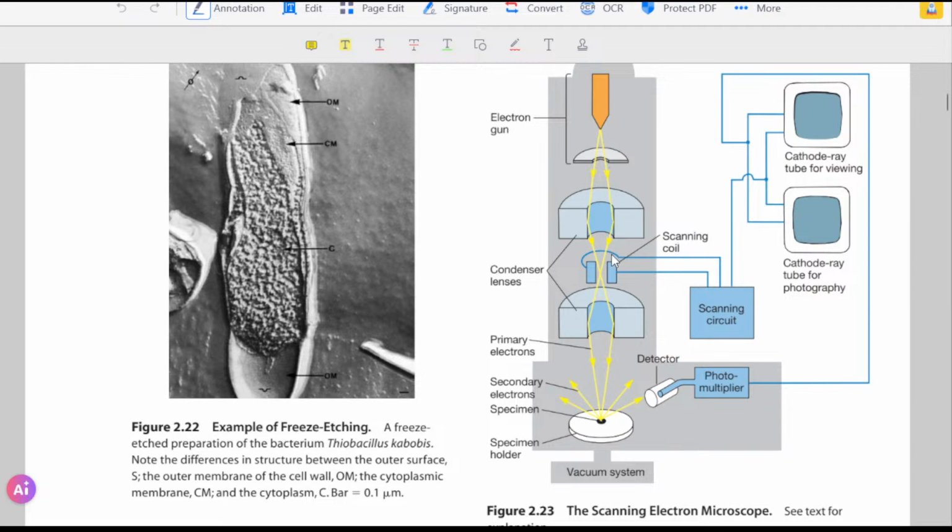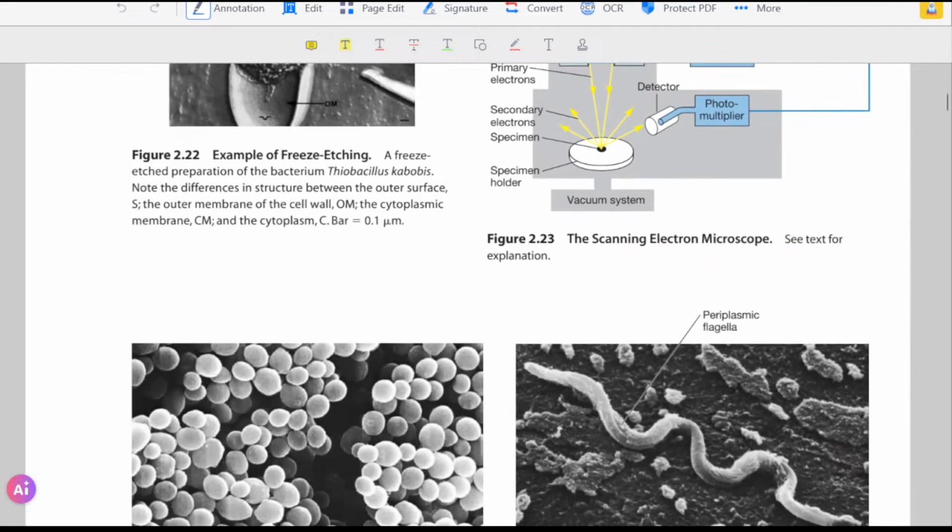This is a scanning coil, scanning circuit, cathode ray tube for viewing. Secondary electron specimen detector. There is a detector, photomultiplier, and then the cathode ray tube and photography. So we already studied what these kinds of things are.